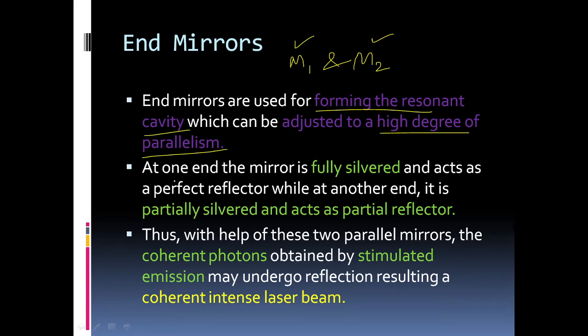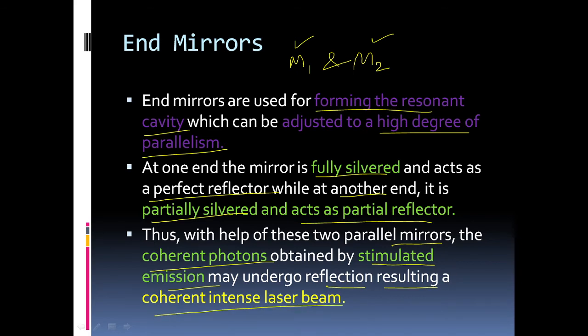One end mirror is fully silvered and acts as a perfect reflector, while the other is partially silvered and acts as a partial reflector. Thus, with the help of these two mirrors, coherent photons are obtained by stimulated emission through reflection, resulting in a coherent intense beam.